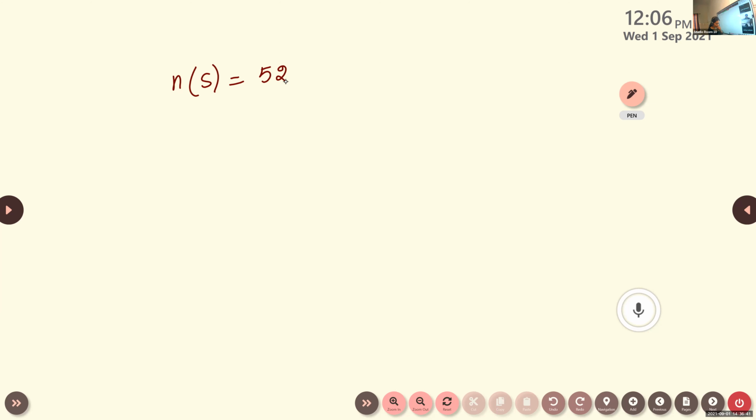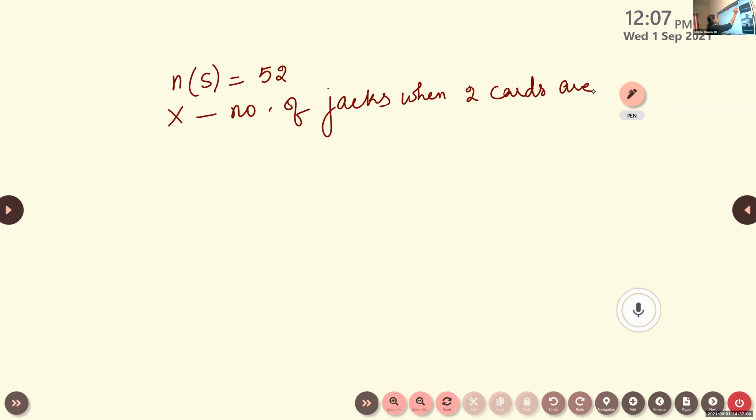Capital X denotes the number of jacks selected from a pack of 52 cards when two cards are drawn. When two cards are selected, what is the probability? That is what we have to find here. So how to do this?